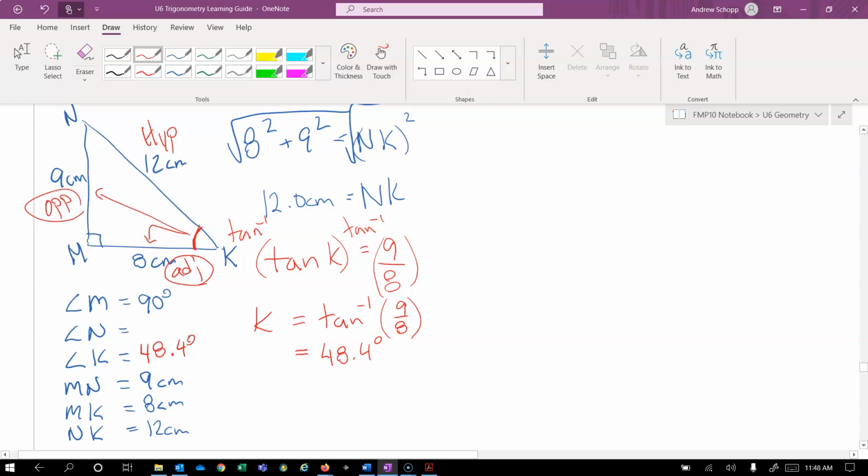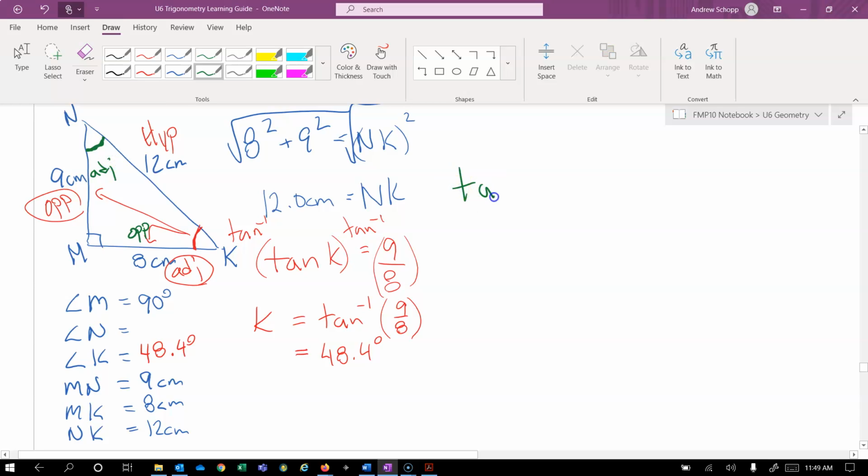Perfect. So now we have some options on finding angle N. Because I said we wanted to use given information, we could do this again with the tangent, but we would need to switch 8 and 9 because the opposite and adjacent would change. So this would now become the opposite, and this would become the adjacent.